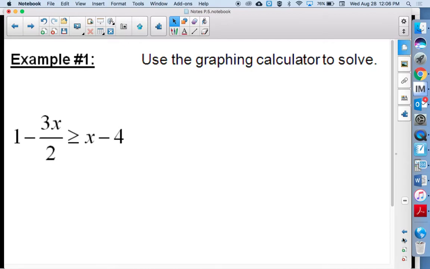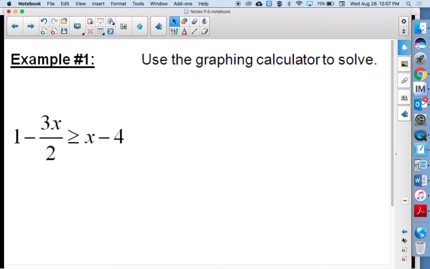So how would you place this into the calculator? That's the first question. How do you think you put that in the calculator? Drew, what do you think? Solve for x. So we could solve for x, but we're actually not going to. We're not going to do any work to put it in the calculator.